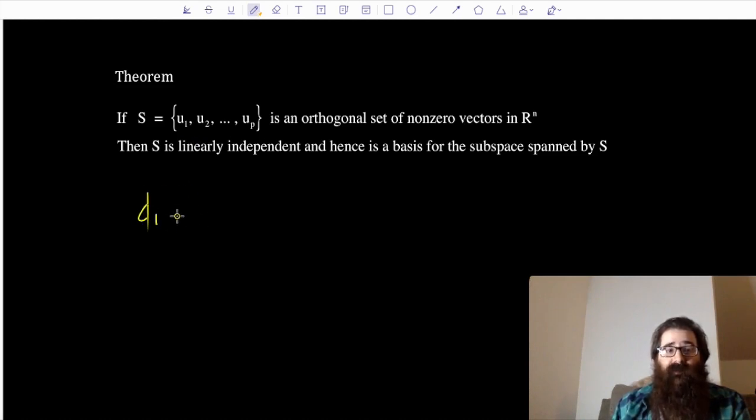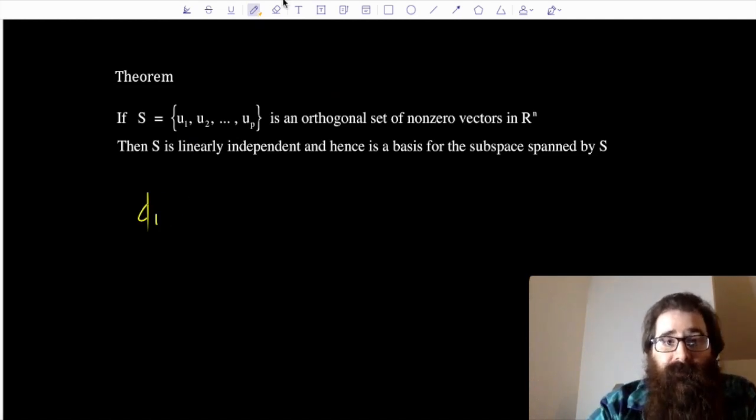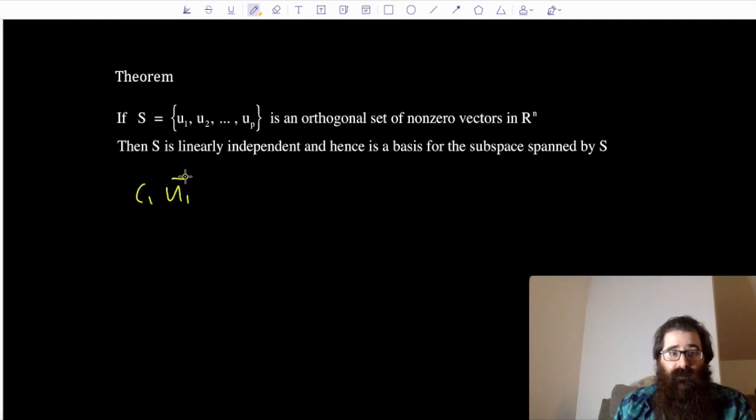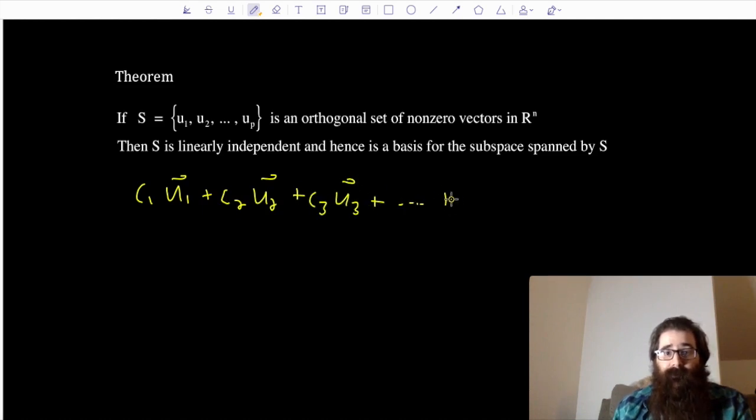So c sub 1 times vector u sub 1 plus c sub 2 times vector u sub 2 plus c sub 3 times vector u sub 3 plus so on and so forth plus c sub p times vector u sub p, and then equals the 0 vector.